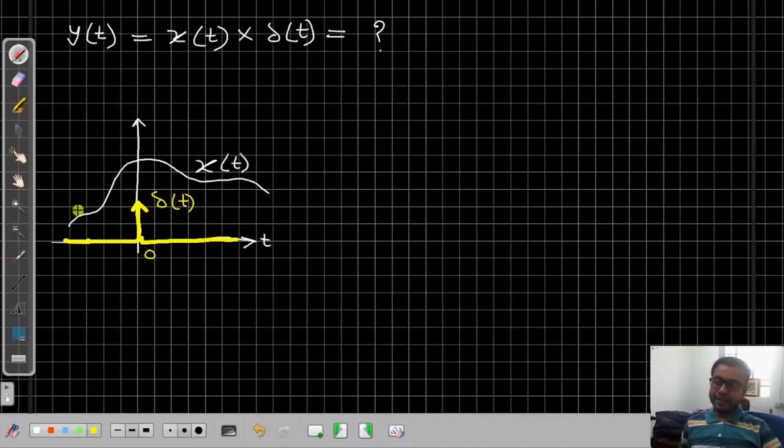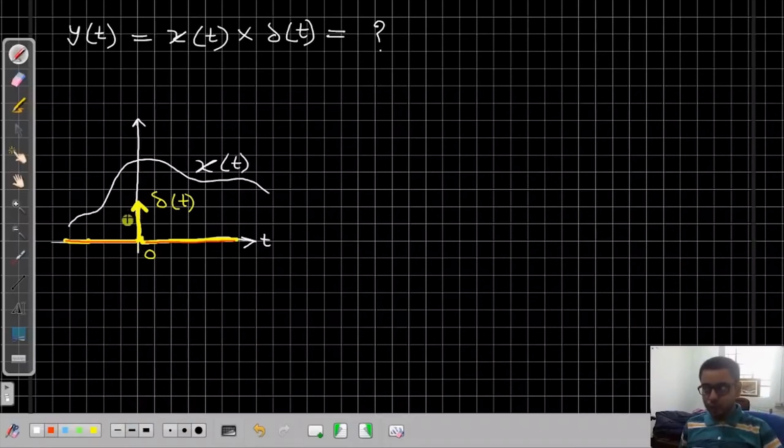This is delta(t). Now if we take the product of these two signals, then the result will be, of course, 0 in this region, because delta(t) is 0. In this region again the product will be 0, but at time t equal to 0 it is not 0.